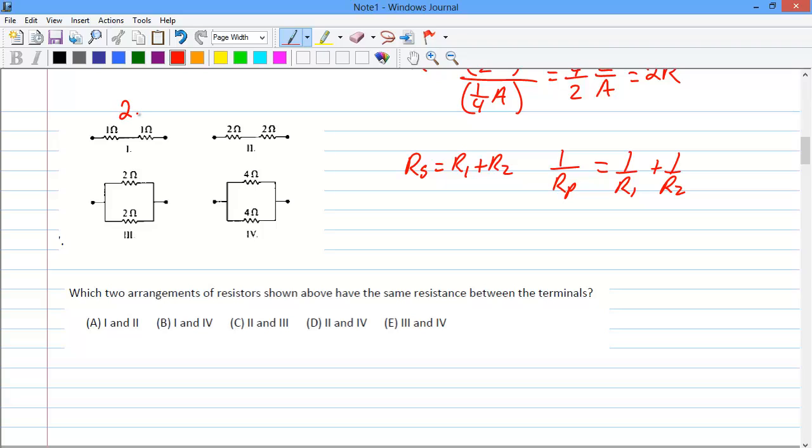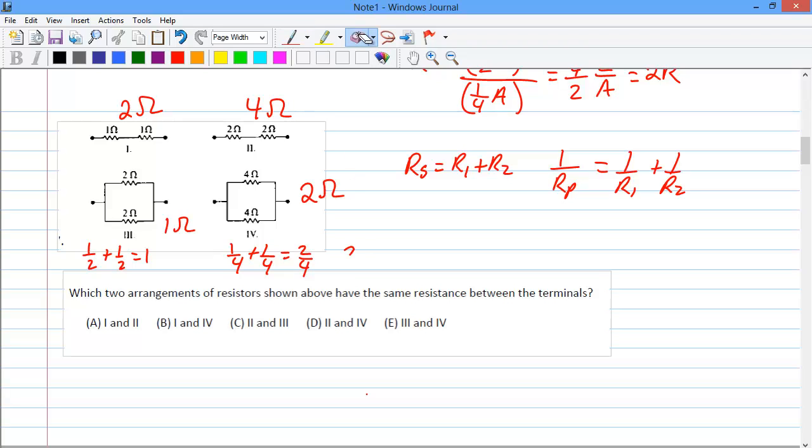So this one is 2 ohms, 2 plus 2 is 4 ohms, and this is 1/2 plus 1/2, which is 1, and the reciprocal of that is still 1, so this is 1 ohm. And then 1/4 plus 1/4 is equal to 2 over 4. Take the reciprocal of that and I have 2, so this is 2 ohms. And we can see that it's 1 and 4 that have the same resistance.